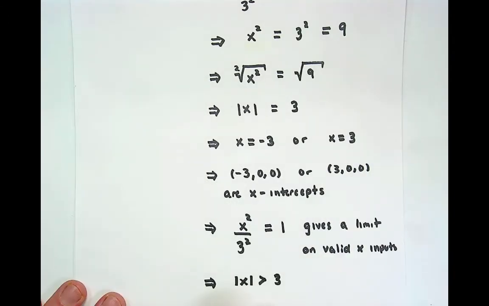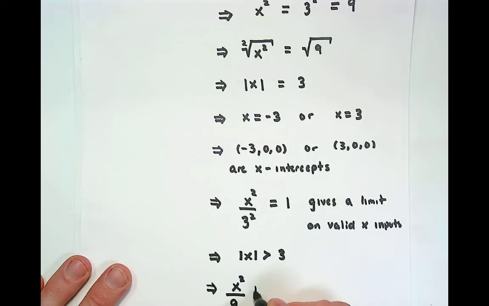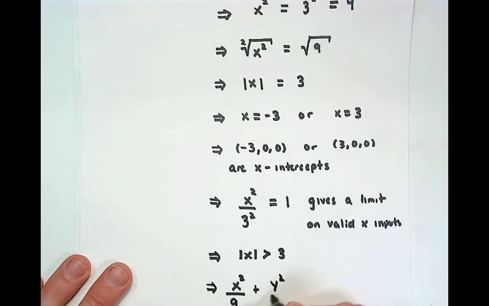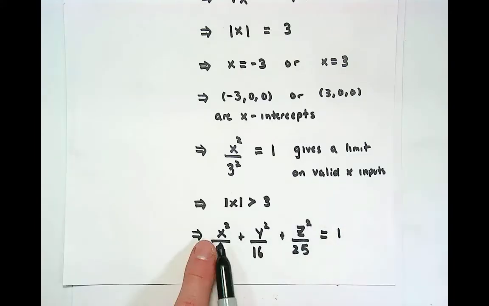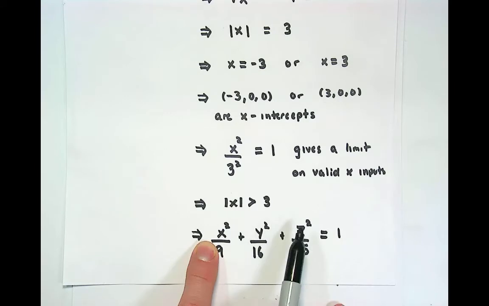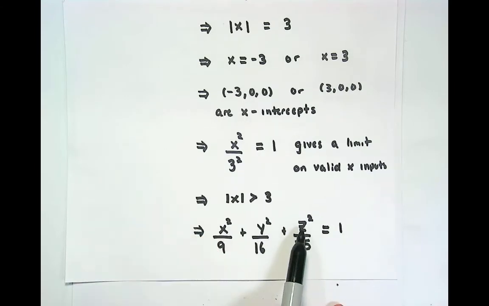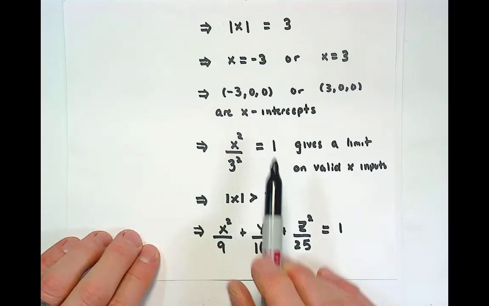And if we looked at the original equation, x squared over 9 plus y squared over 16 plus z squared over 25 equals 1, sometimes when we're not directly on the y equals 0 or z equals 0 planes, the x's might not be exactly 3.